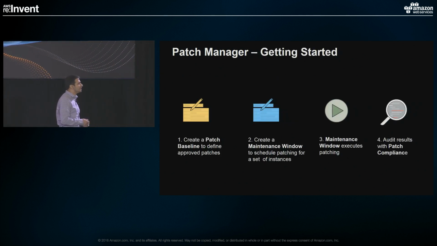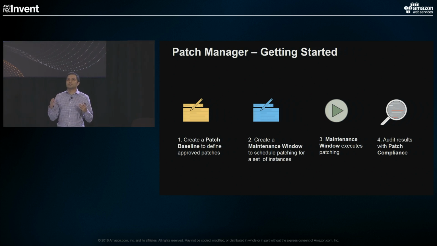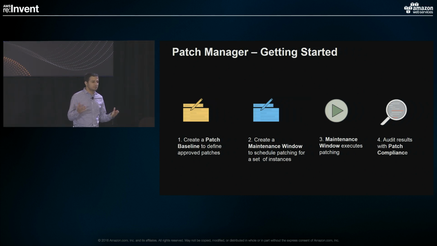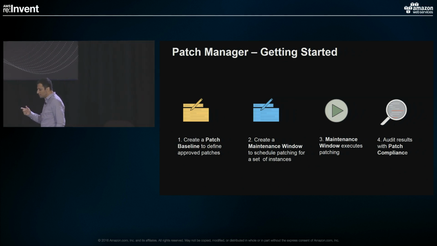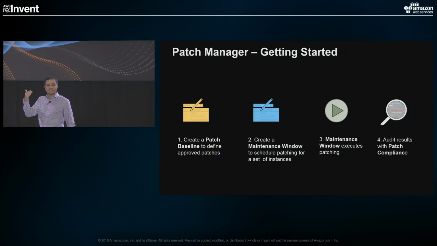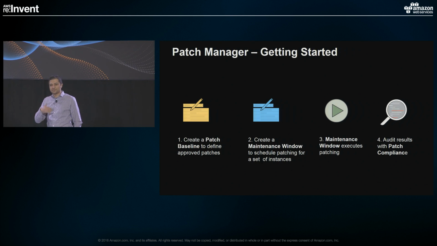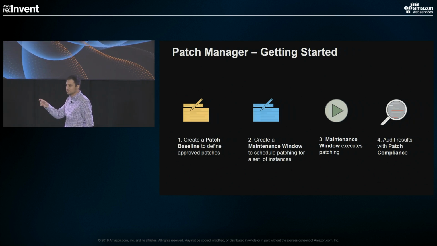To get started, you can mentally break it down into 3 phases, if you will. The first thing you want to do is you create a patch baseline. And really the thinking behind a baseline is that it's how you get to define your selection criteria, right? So you figure out what are the patches that you want in this baseline.